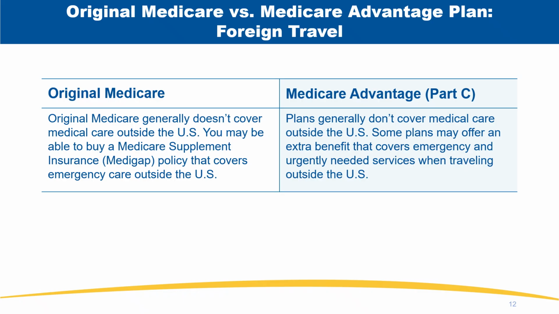Medicare may pay for inpatient hospital, doctor, and ambulance services you get in a foreign country in these rare cases. You're in the U.S. when a medical emergency occurs, and the foreign hospital is closer than the nearest U.S. hospital that can treat your medical condition. You're traveling through Canada without unreasonable delay by the most direct route between Alaska and another U.S. state when a medical emergency occurs, and the Canadian hospital is closer than the nearest U.S. hospital that can treat the emergency.